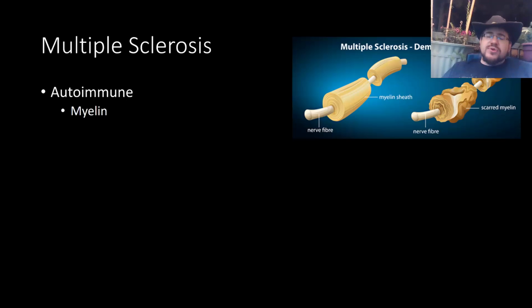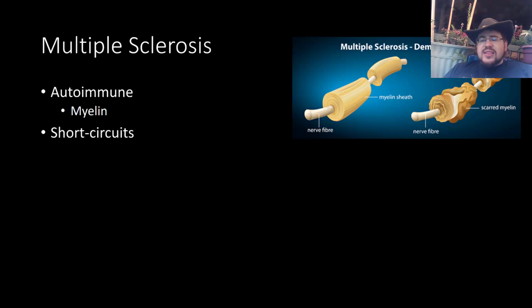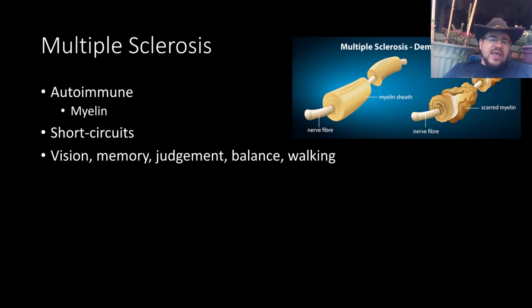So either in the peripheral nerves or even in the central nervous system, your immune system attacks the myelin and ends up breaking it down, shrinking it, scarring it. And this, for whatever reason, seems to short circuit these little neuronal pathways. And this can impair your vision, impair your memory, impair your judgment, impair your balance, impair your ability to walk.